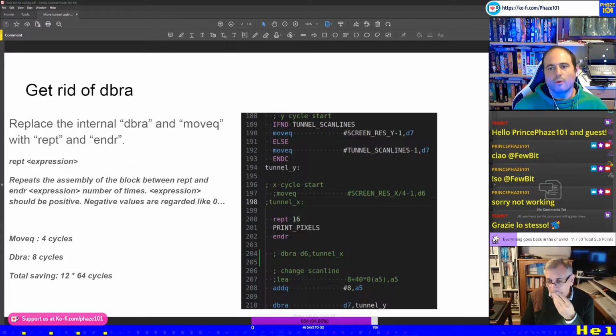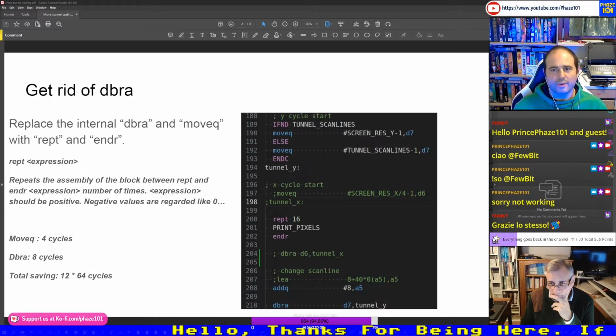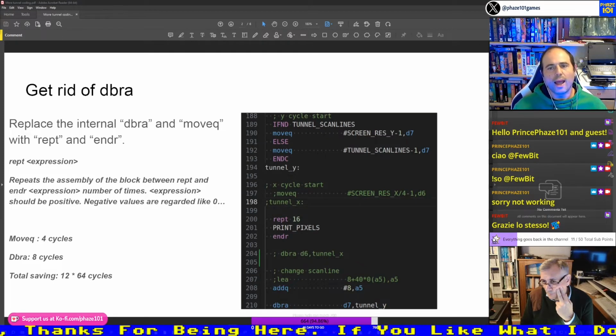I will go for each scan line, and the tunnel scan lines is just a directive. It's set to 64. So we are iterating 64 times, and for each one, before I was doing another iteration.